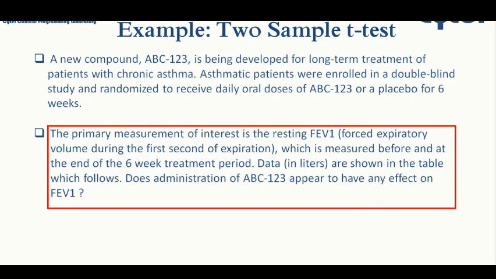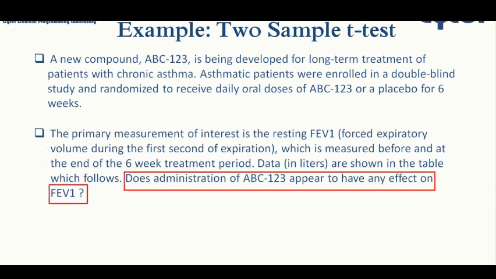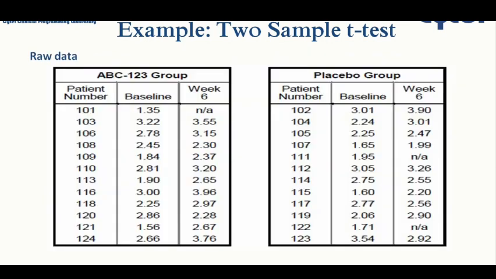The primary measurement of interest is the resting FEV1, which means forced expiratory volume during the first second of expiration, which is measured before and at the end of the 6-week treatment period. Data in liters are shown in the table which follows. Does administration of ABC123 appear to have any effect on FEV1? So this is the question we are addressing.